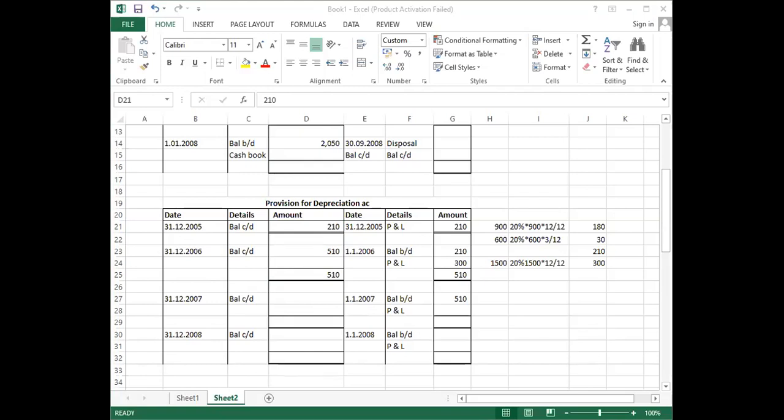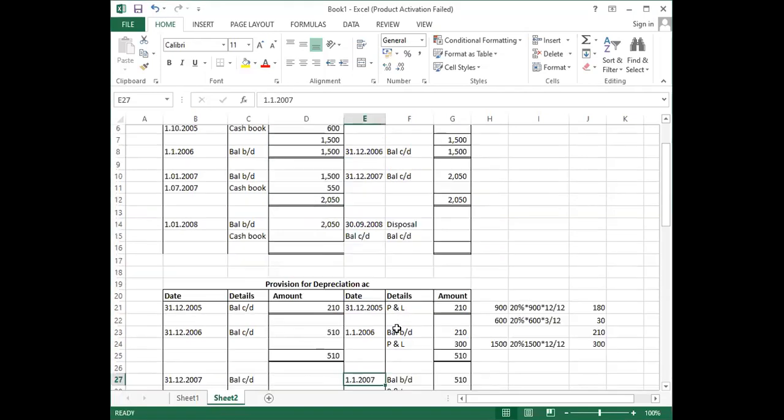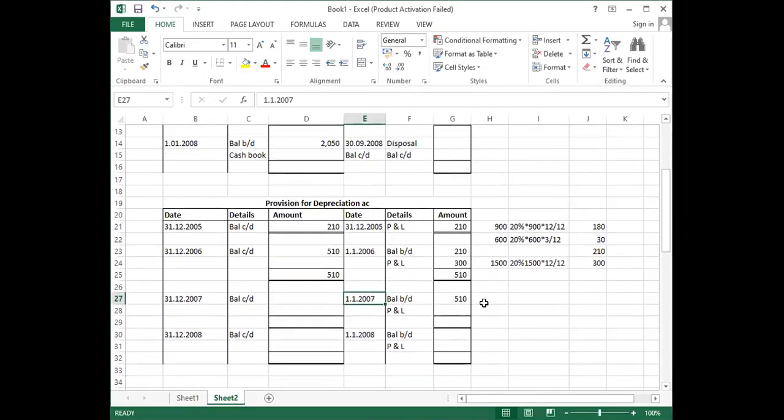Very fast. Why are you telling me 55? It cannot be 55. We also have other equipment. So far, up to 2007, we have two types of equipment. We have the equipment that cost us 1,500, and the one that we bought in year 2007 that has cost us how much? 550, right?